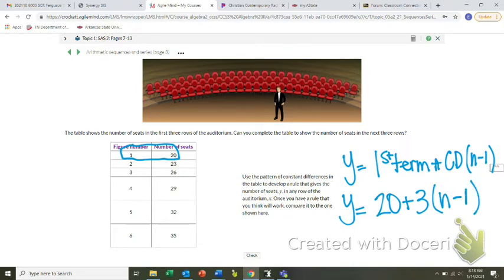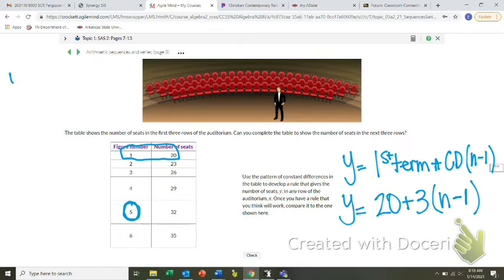Okay? Here's why it works. If I am looking for row 5, I'm going to have to move over here to this side. I'm going to plug in 5 for that n.